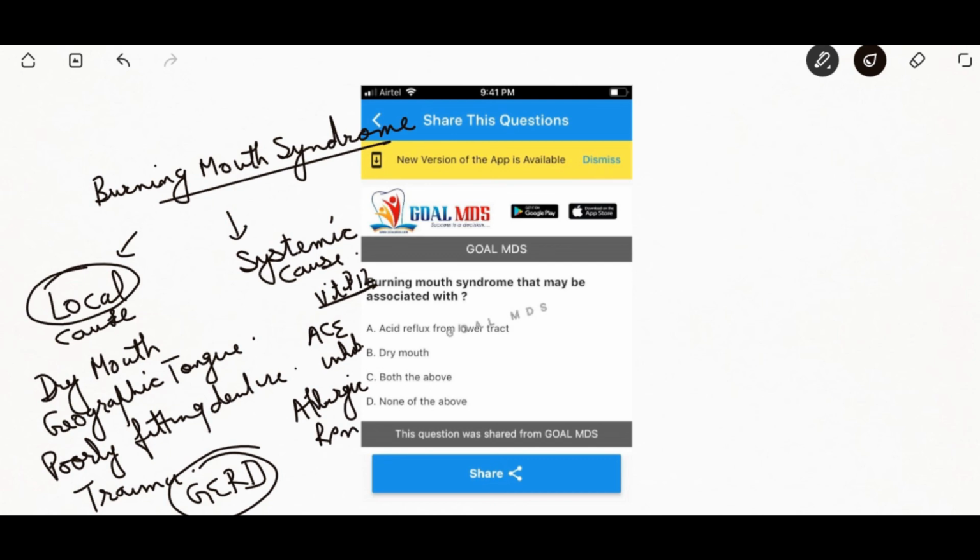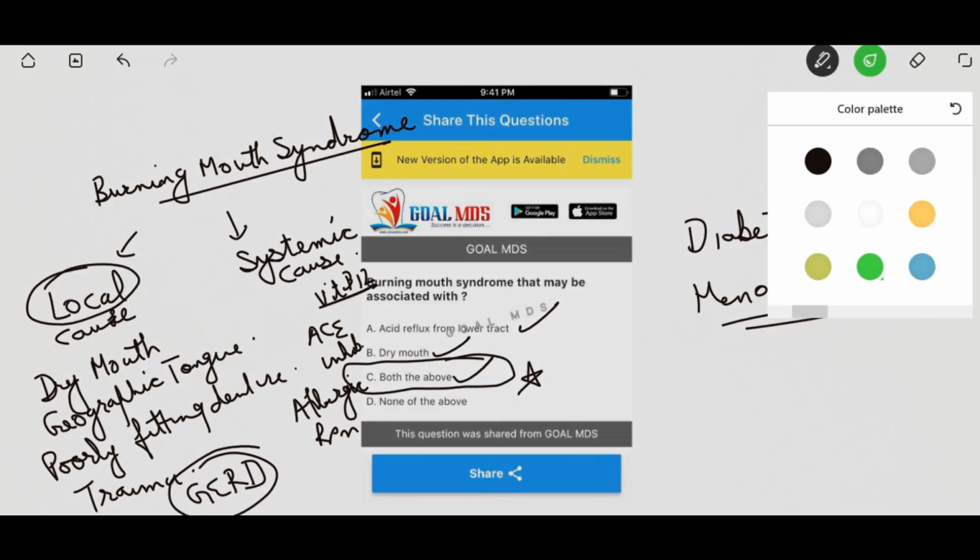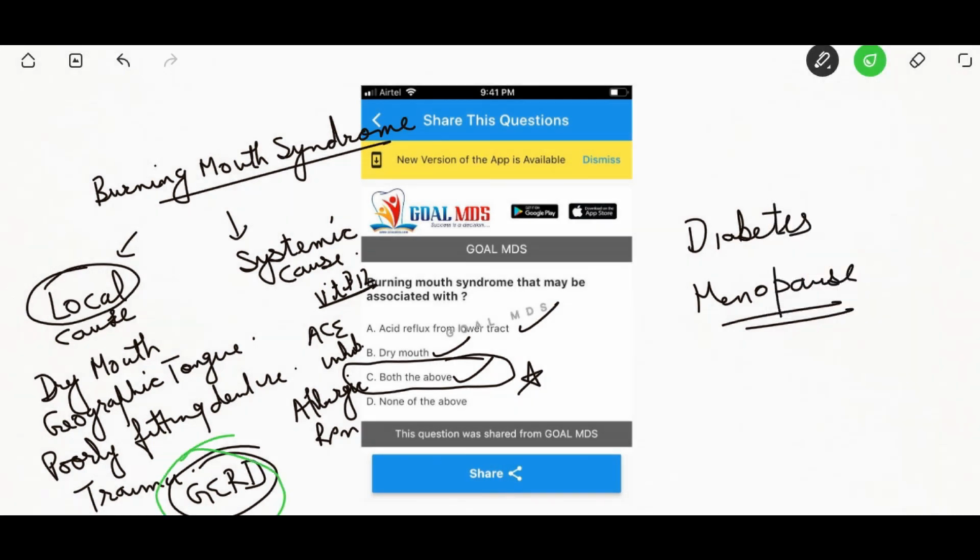Whereas the systemic medical causes could be vitamin B12, folate or iron deficiency, use of medications like ACE inhibitors such as captopril, allergic reactions, immunologically mediated disorders like Sjogren syndrome, psychogenic disorders like depression, anxiety, fear of cancer, and other conditions like diabetes mellitus or menopause.